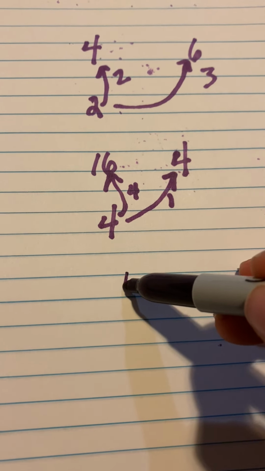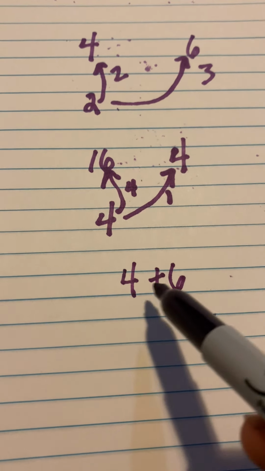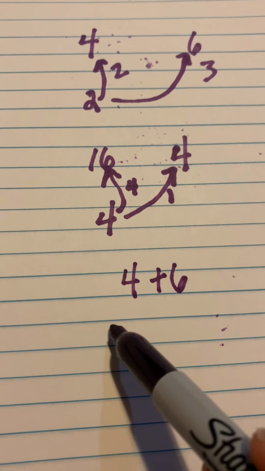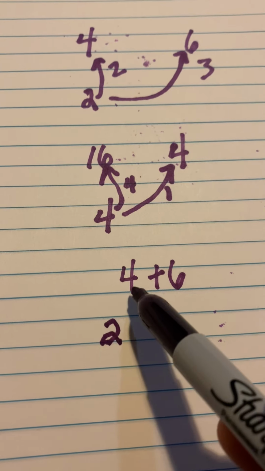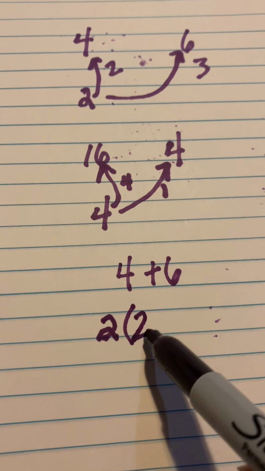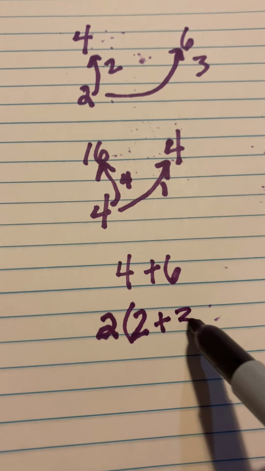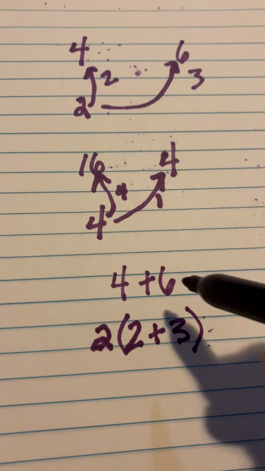So now let's turn it into a factoring problem. Let's use these same numbers. So let's say I have 4 plus 6. Well, when I take out 2 of each one, I have 2 groups here, so I'd be left with my group of 2, and then my groups over here, which would be 3.